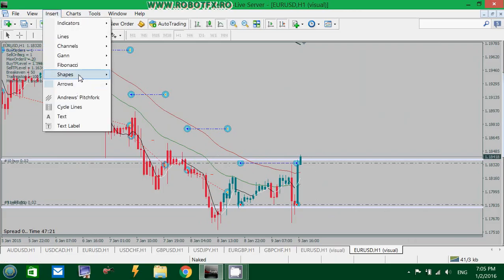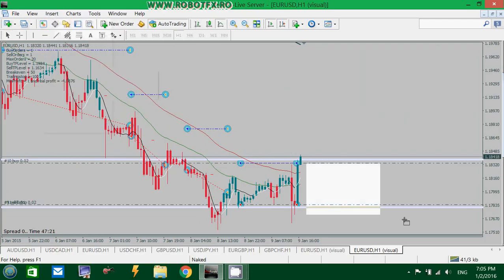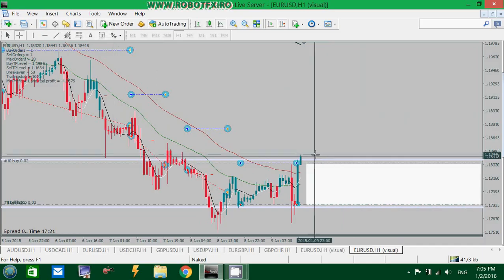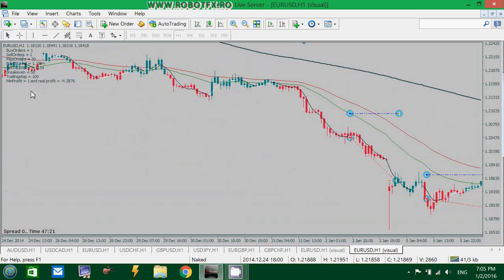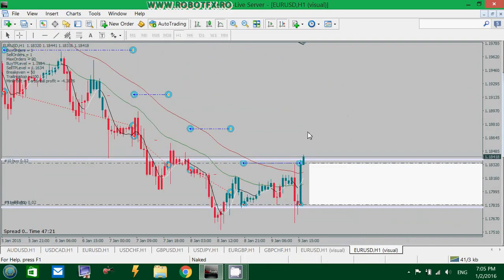And it will keep opening opposite orders until the price goes either up or down and hits the minimum profit, which is set by default to $1. We also have the real profit on the chart. Right now we're at negative, minus $4. And once it reaches $1 for the entire basket, then we'll close all trades in profit.